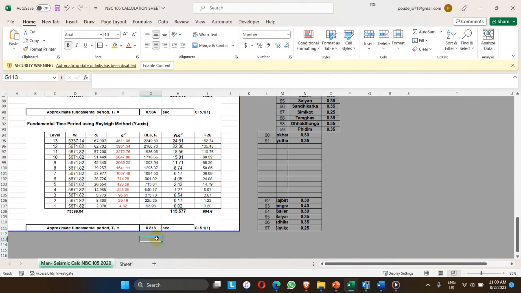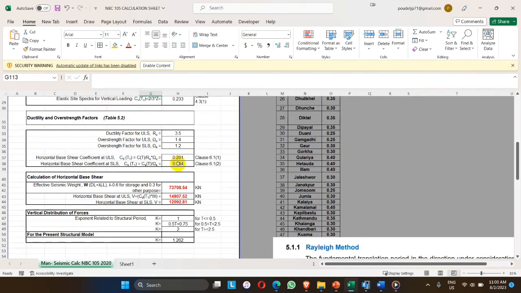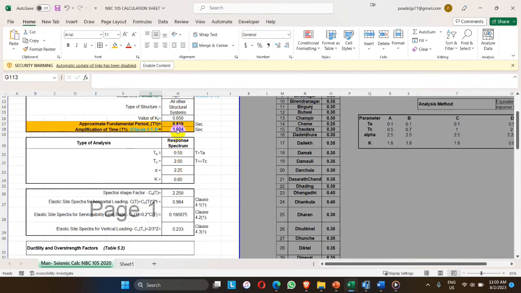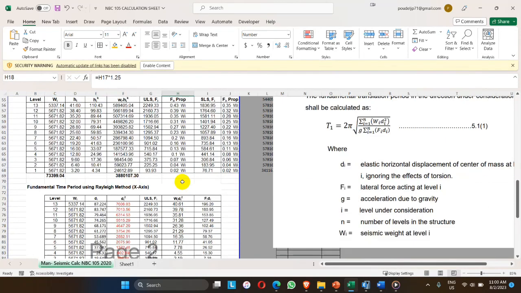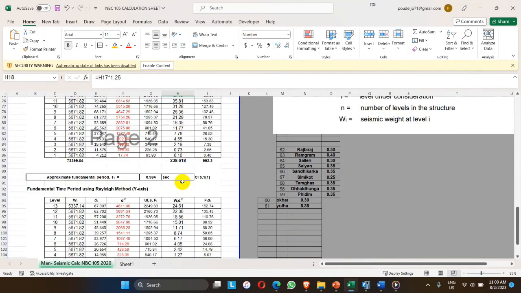So the time period we got from the empirical formula is 1.024 second, whereas from the Rayleigh method it is 0.984 second, which is exactly the same as the time period obtained from the finite element method.